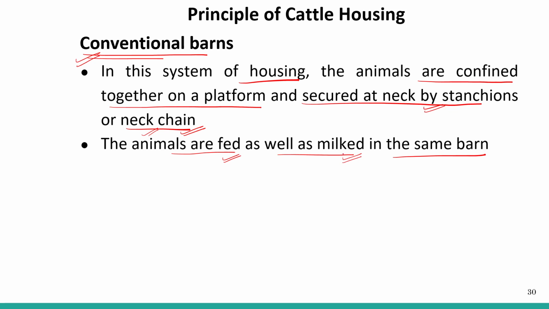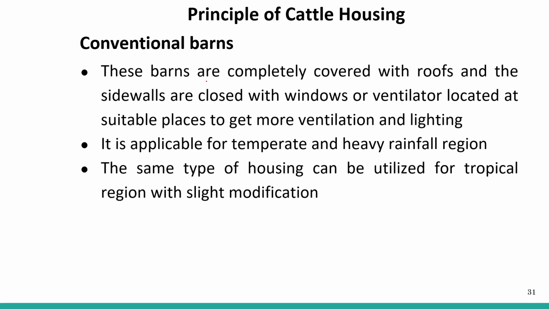So this is the difference between the loose housing and the conventional barns. These barns are completely covered with the roof and the side walls are closed with windows or ventilators located at suitable places to get more ventilation and lighting.